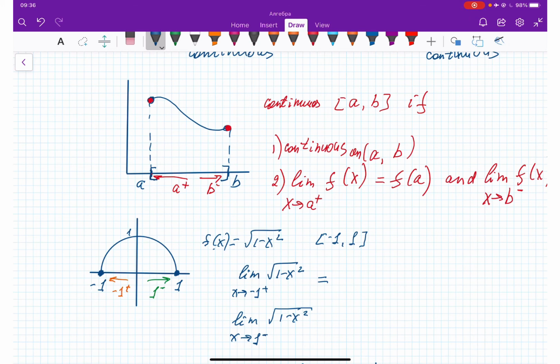So what do we get when x approaches negative 1 based on graph? When x approaches negative 1 from the positive side, it approaches 0, right? f of x at this point is equal 0. And we have also solid point, so how much is f of negative 1? x is negative 1, it still equals 0. Yes? So from the right, it looks continuous. Now, approaching from the left to positive 1, the limit is going to be 0, right?